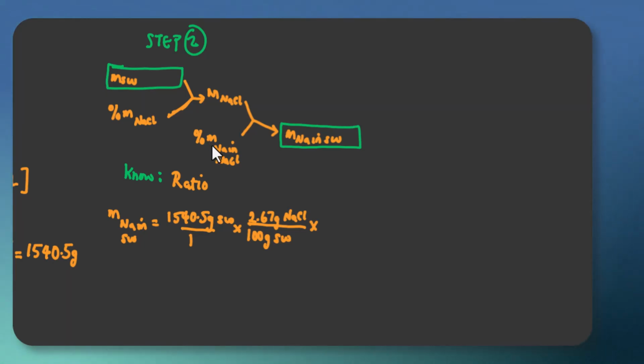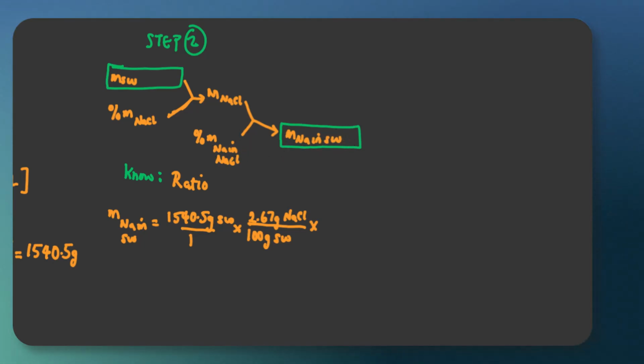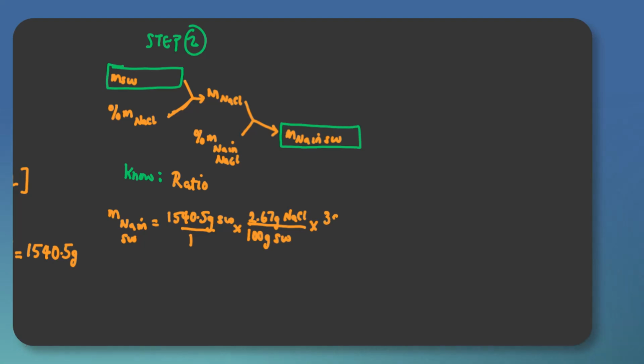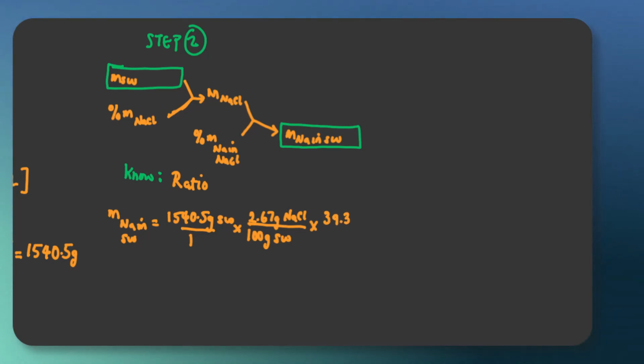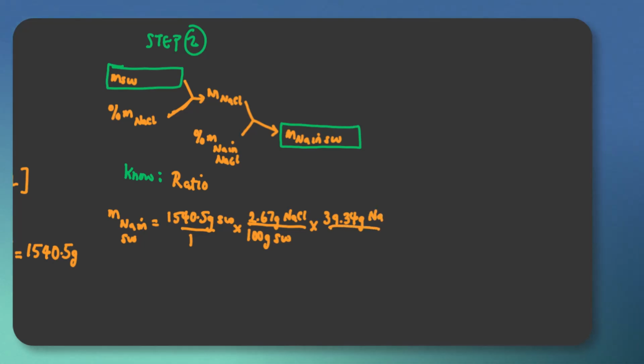In percent, it is 39.34 grams of sodium in what? In sodium chloride, because it's percent, in 100 grams of sodium chloride.